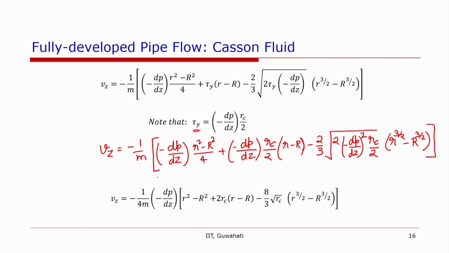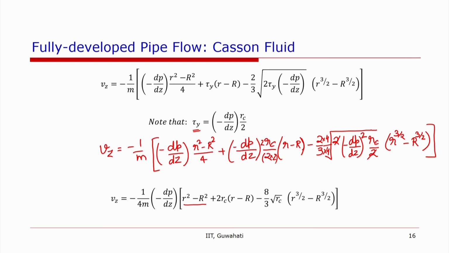So if we take 1 by 4 minus dp by dz out from this bracket, minus 1 by 4m minus dp by dz, what we are left with is r square minus capital R square here, and this will be, because this is 4, so we can multiply by 2 and 2 here, so that will be 2 RC into r minus capital R, and again if we multiply this by 4 by 4, so we have 8 by 3, and this 4 will go out, and dp by dz has gone out already.